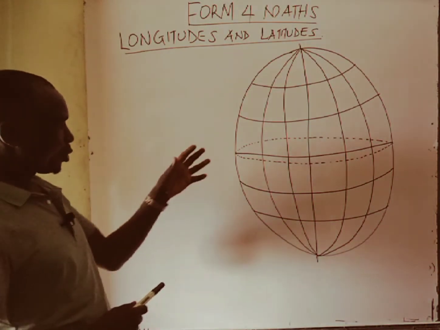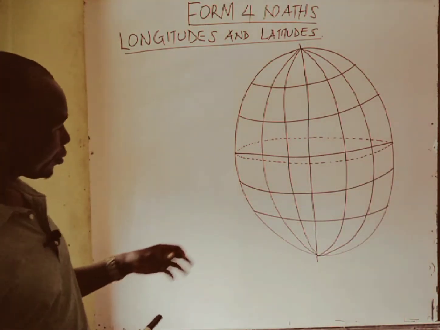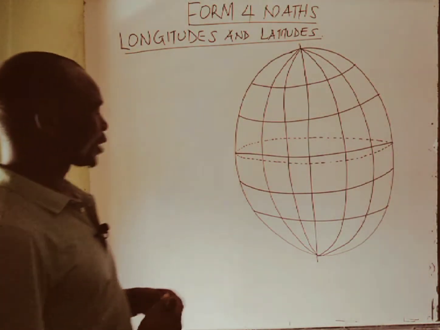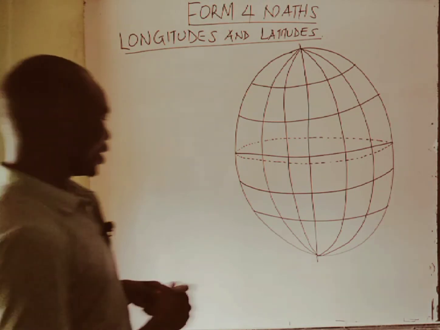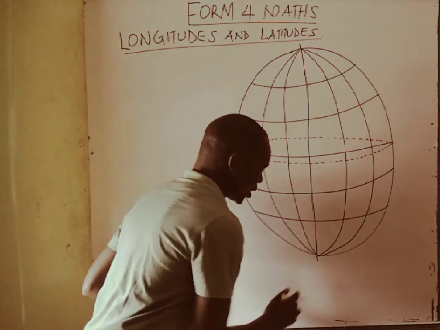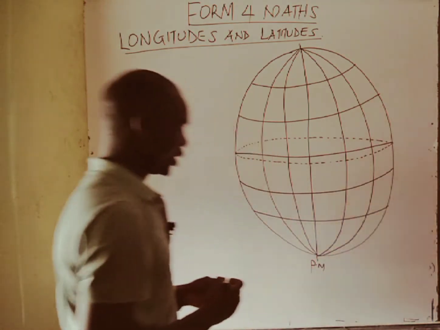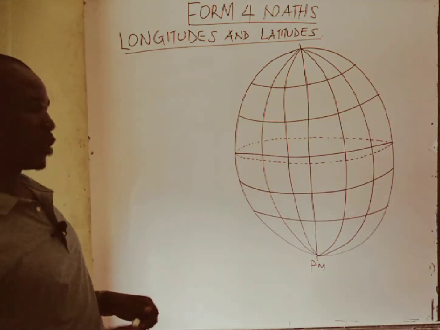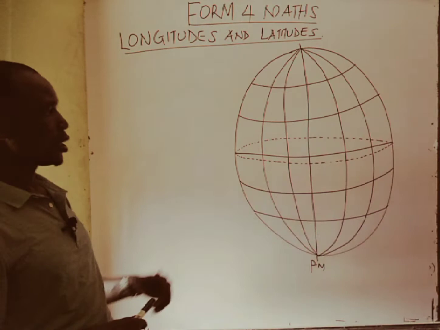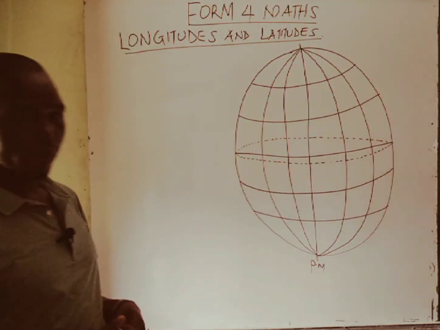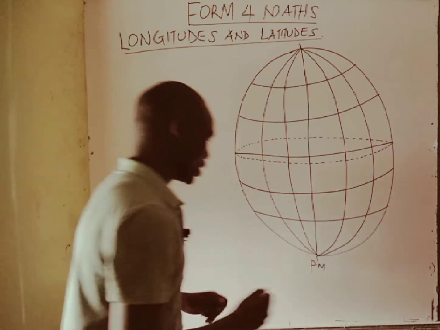So when we talk about longitudes, we have the main longitude which goes through the center of the earth, and since it is the main longitude, we call it the prime meridian. It can also be called the Greenwich meridian, since it passes through the center of the earth and also through a very small village in London known as Greenwich.